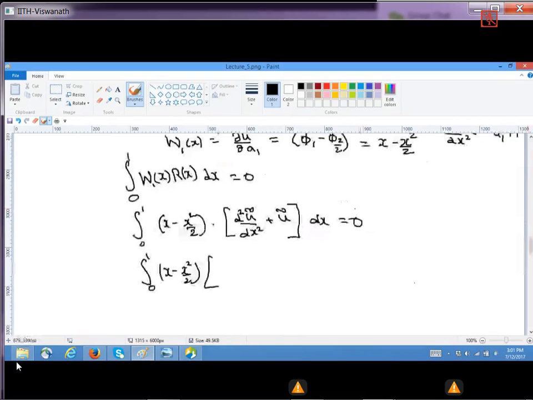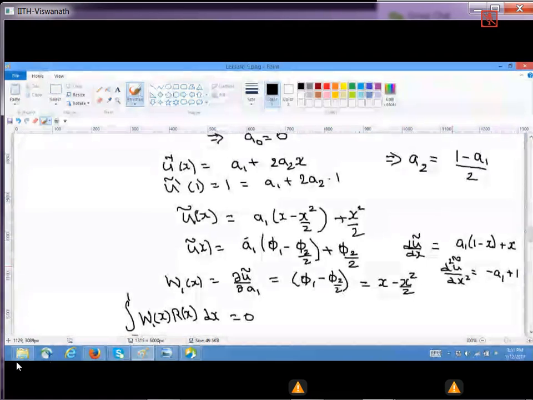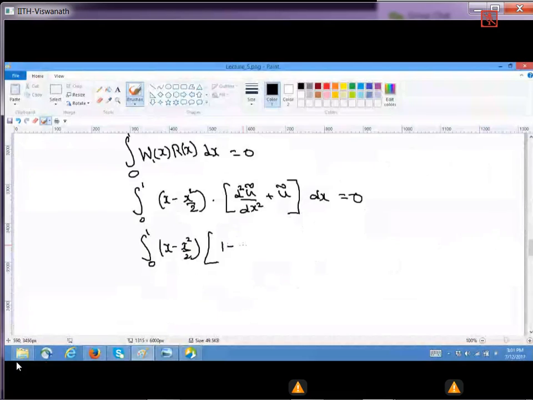Using this expression for d square u tilde by dx square, that has to be equated to 0.